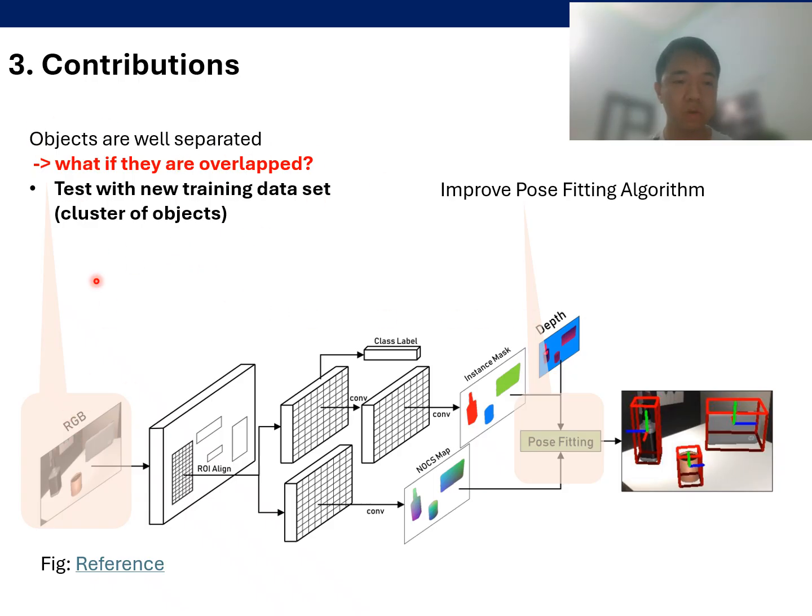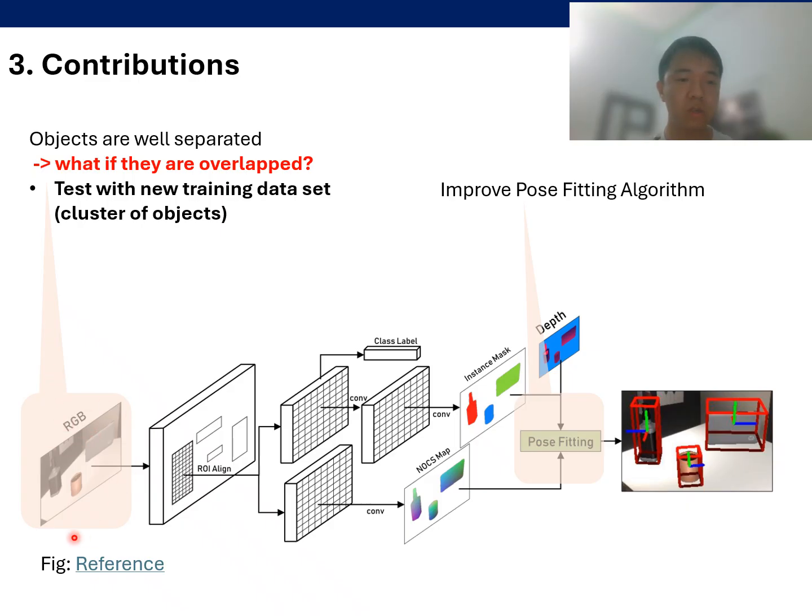In fact, I intend to contribute on this component, on this part. I see that in the paper the input images are mostly of separated objects. So what if the objects are overlapped?